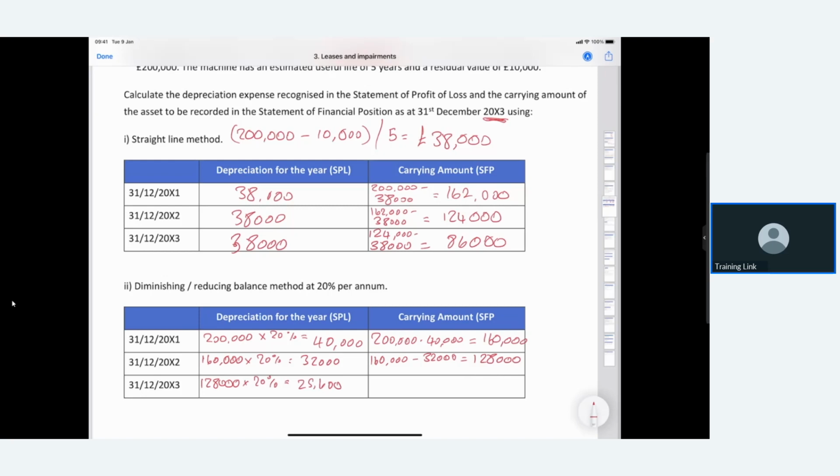So this would suit certain assets more than others. If you think about a vehicle, they tend to lose more value at the start and less as time goes on, whereas some tend to be a bit more linear. So hopefully no major issues there.